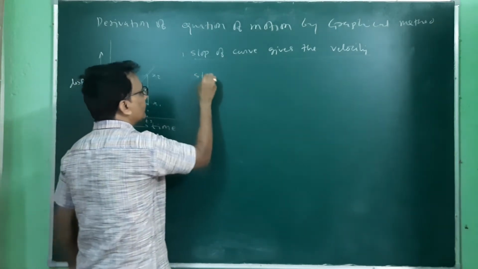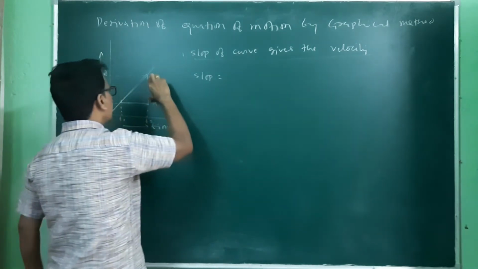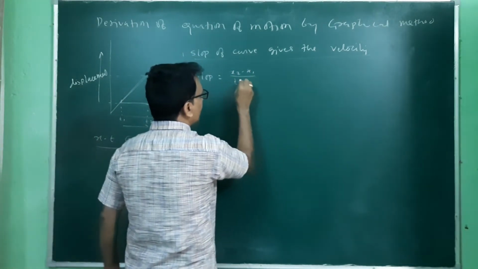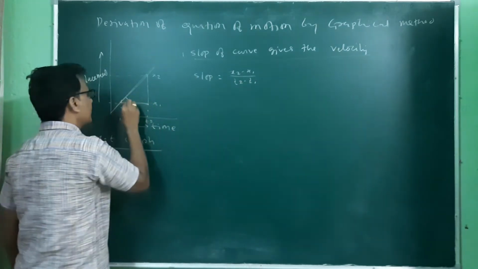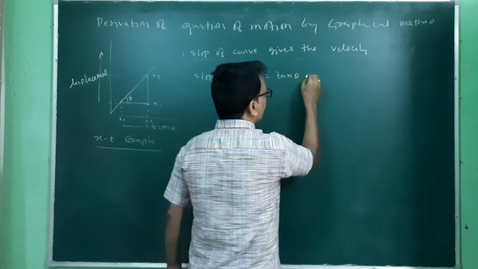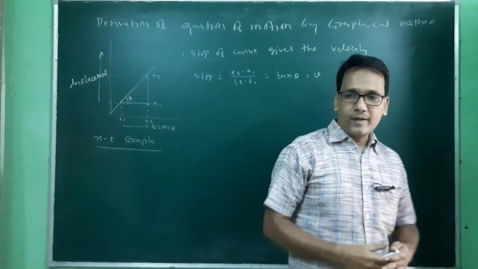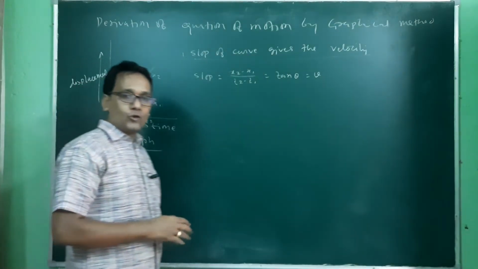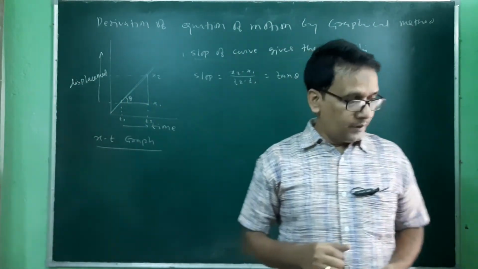So the slope is y by x, that is x2 minus x1 by t2 minus t1, and this is also represented as tan theta. So this is v. The velocity in one-dimensional motion is represented by the slope of this curve.